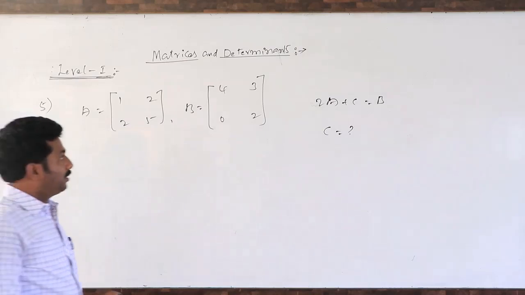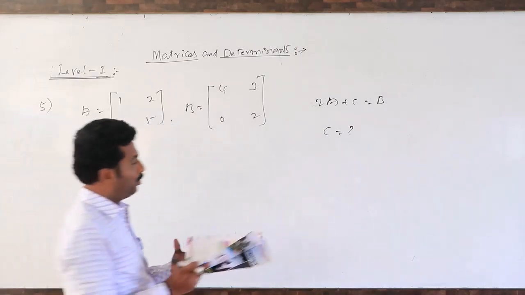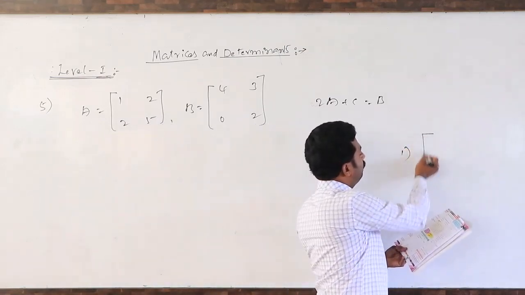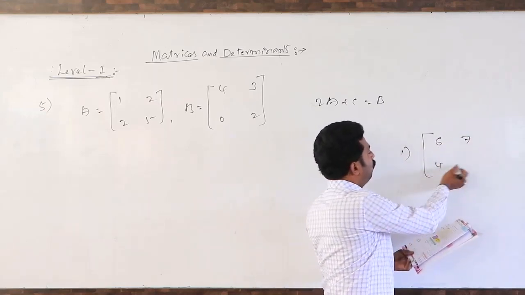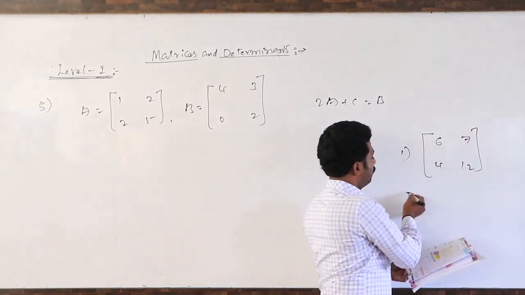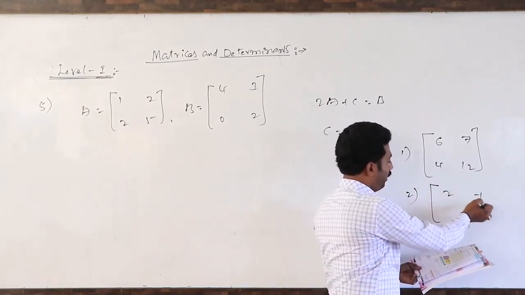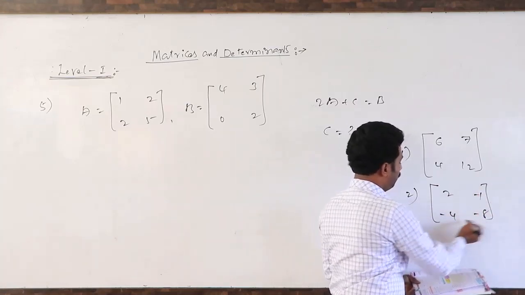So C they are asking, and there are 4 options also. The first option is 6 7 4 12. Second option 2 minus 1 minus 4 minus 8.